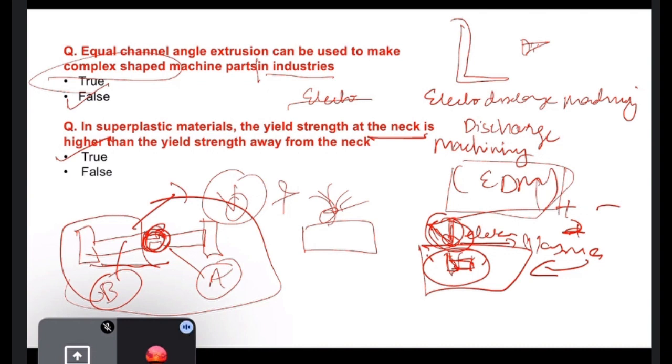Think. It becomes nanomaterial. Neck is, just repeat your answer. It becomes nanomaterial, therefore it is stronger. Yeah, it is becoming nanomaterial. How do we make nanomaterials? By reducing the grain size.